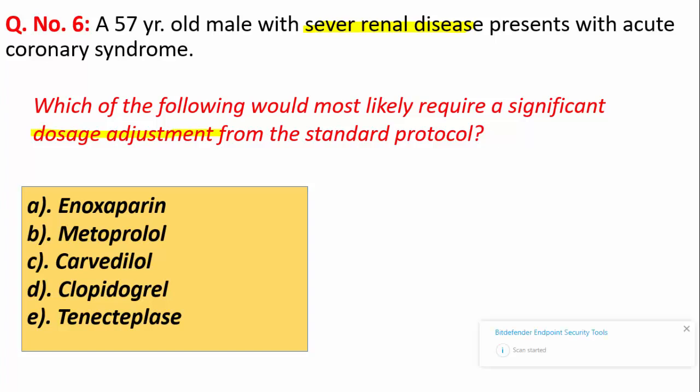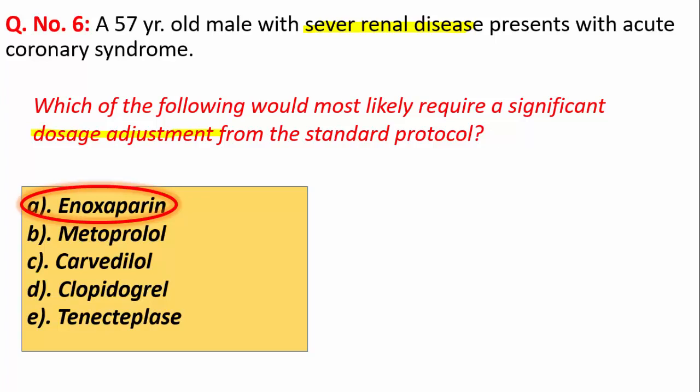So we will adjust the dose of enoxaparin because enoxaparin is eliminated mostly by the kidneys. When it is used in patients with severe renal impairment, the dosage must be significantly reduced. For some indications, the dose normally given every 12 hours will be given only every 24 hours.